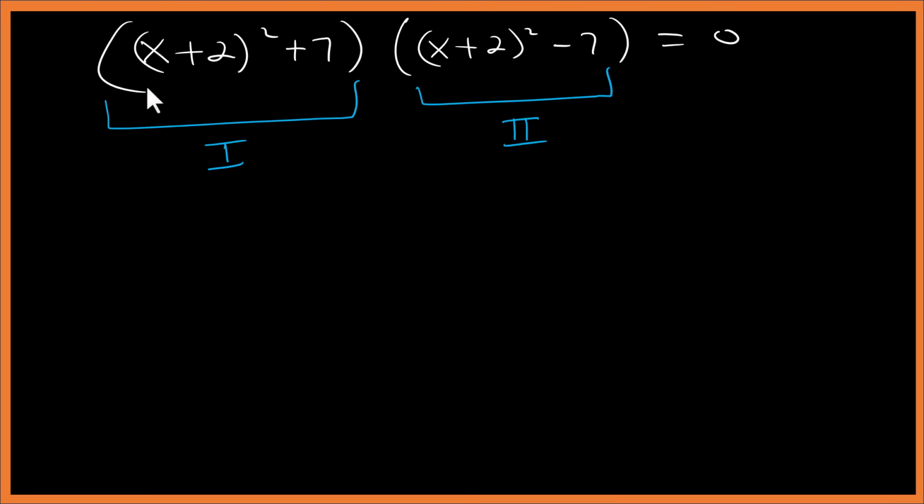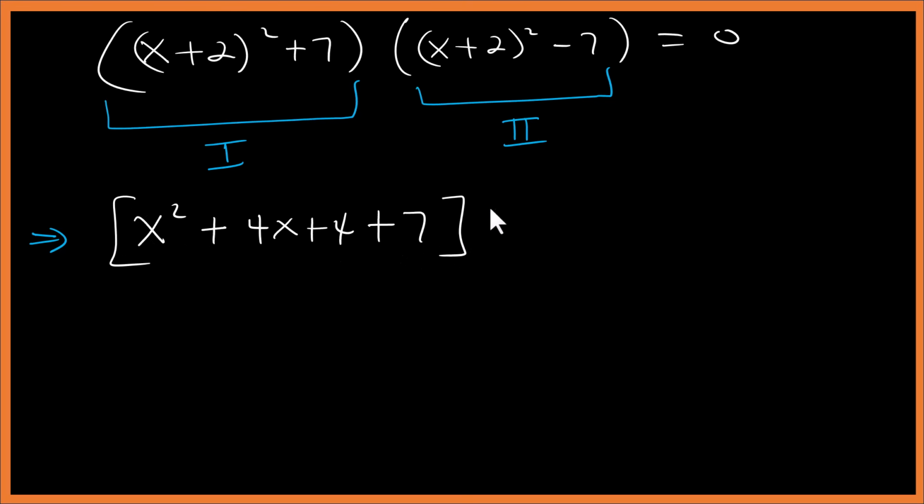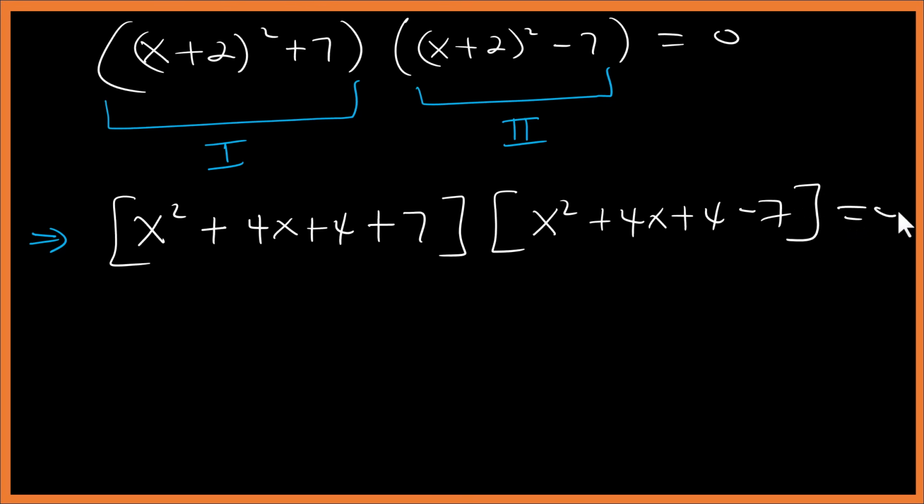Now from here we can expand the square. So it is x squared plus 4x plus 4, plus 7, that is for I. And we have x squared plus 4x plus 4 minus 7 equals 0.